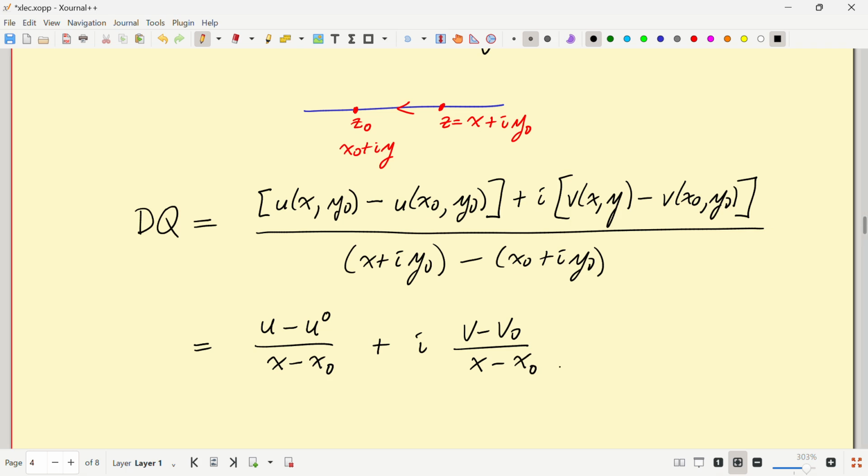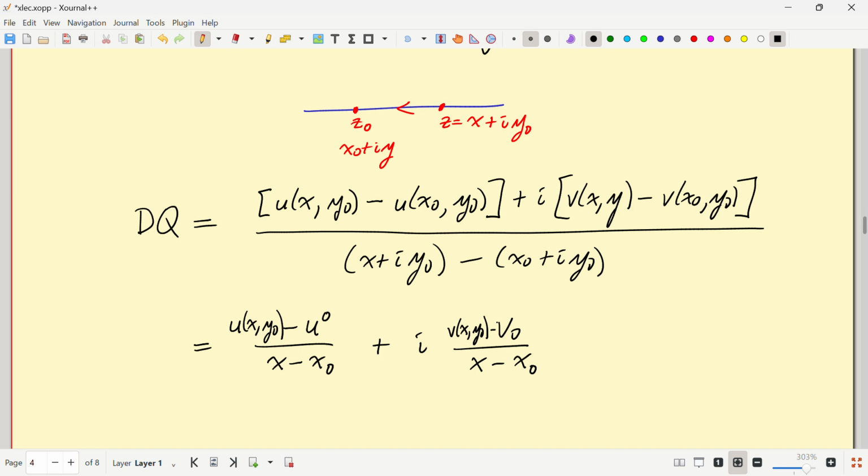And you'll notice that those are exactly the difference quotients for the first partial derivatives at x naught, y naught.